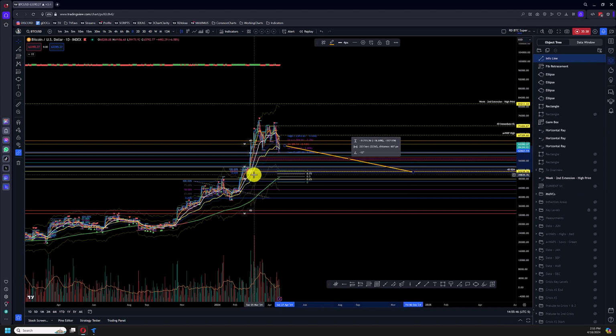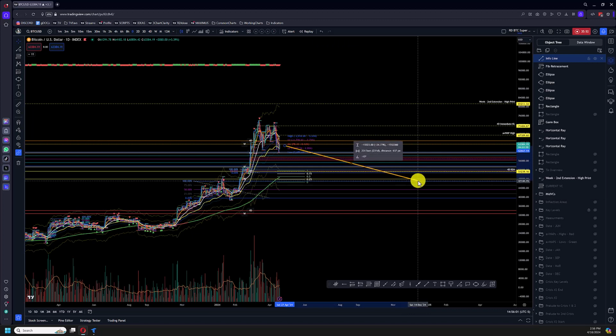Let's say that inflection zone really isn't where it wants to bottom, and it wants to bottom from the high of the previous value channel that we talked about previously. Well, that would be an additional negative 24% and 220 days.